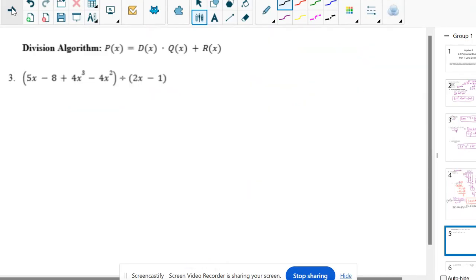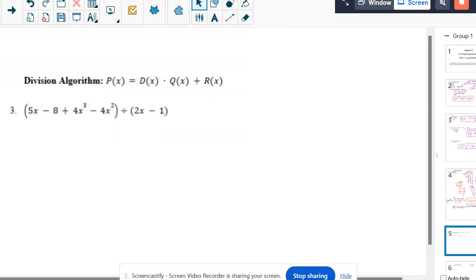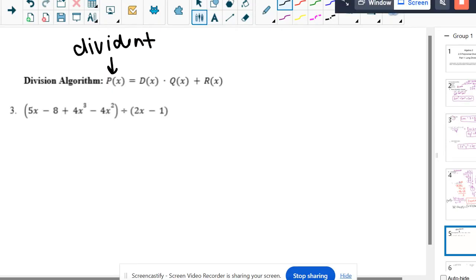So the division algorithm just means that your dividend is equal to d of x, which is your divisor.